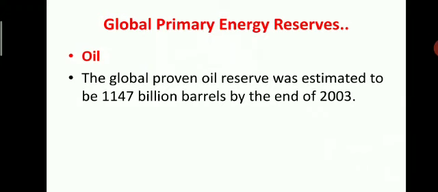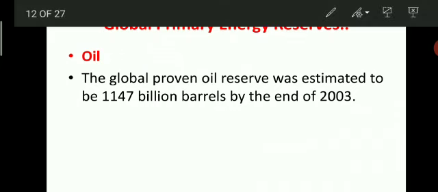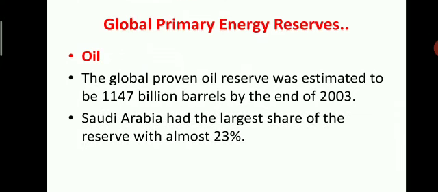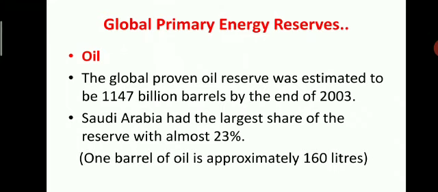Presently, I am not having the recent figures of the year 2020, but for idea purposes, we can see that oil reserve was estimated to be 1147 billion barrels in the year 2003. Saudi Arabia had the largest share of the reserve with almost 23%. 1 barrel of oil is approximately 160 liters. So this is the information related to oil reserves.